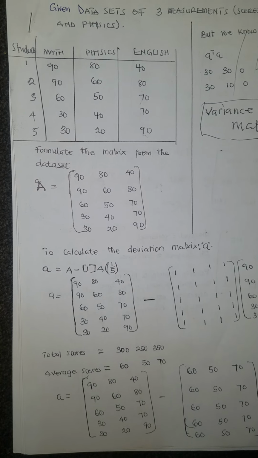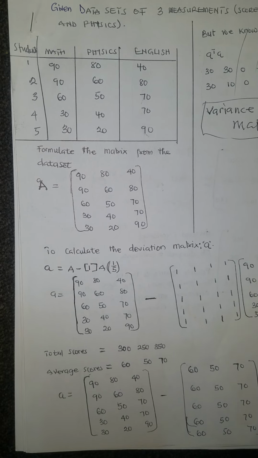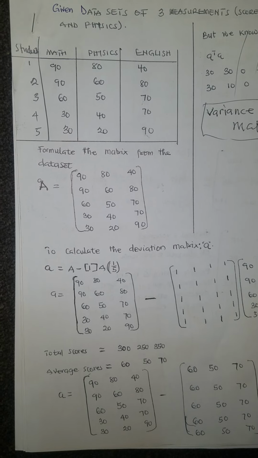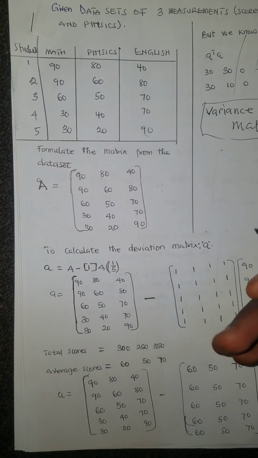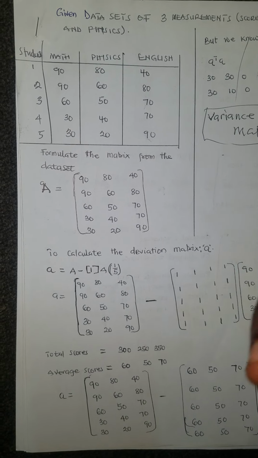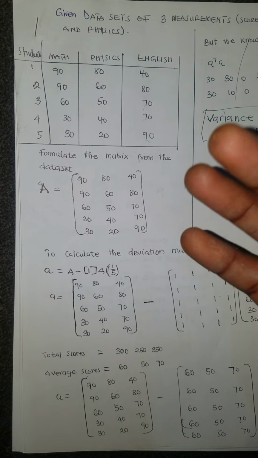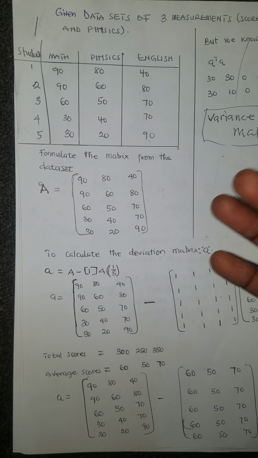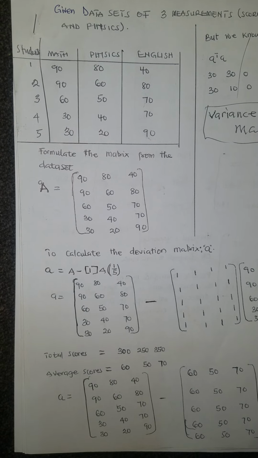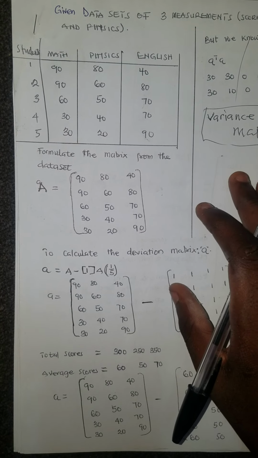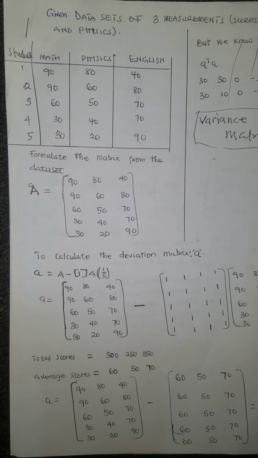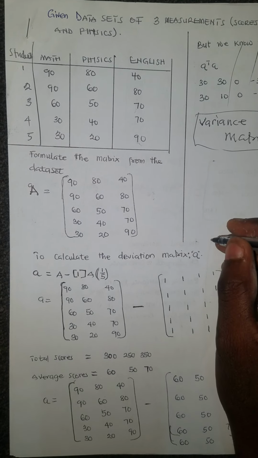There is something I will explain to you at the ending part of this lesson. So please do follow. The reason why we are supposed to find the variance covariance matrix: this is just a few number of data sets. You could be given like 1,000 data sets to do the same thing on, and that is where we use software.